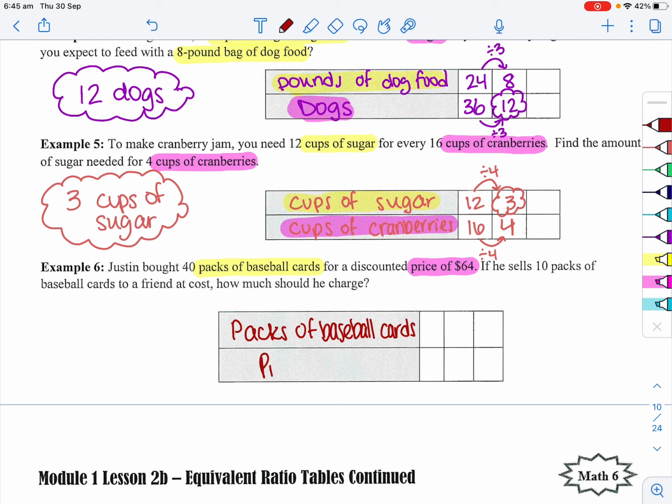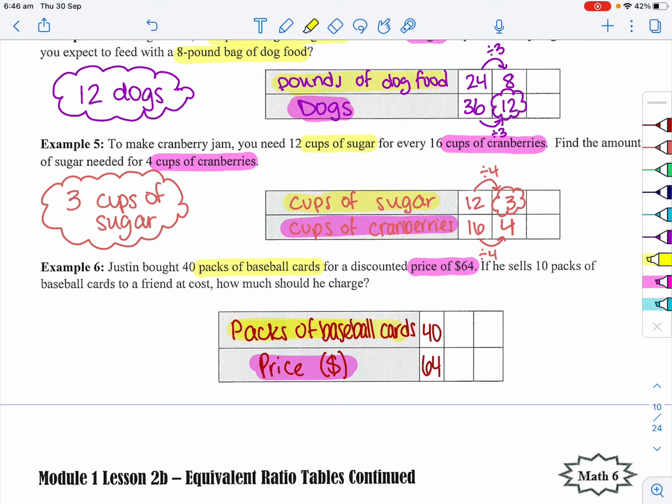And I've got price. And that price is going to be in dollars. So this is my yellow. This is my purple. So I've got 40 packs of baseball cards for $64.